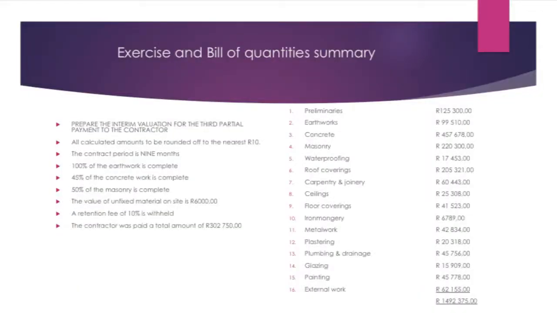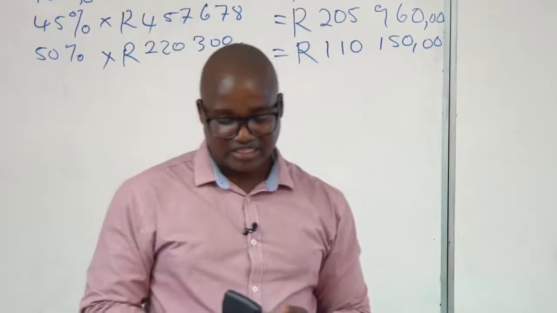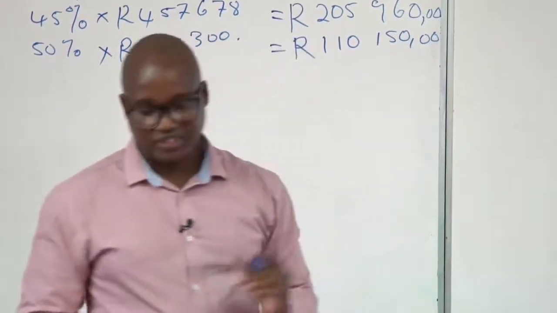Now we are moving forward. We have the value of unfixed material on site, which is an amount of 6,000 rand. So before we work out the unfixed material on site, we have to add the total amount that the builders have completed.